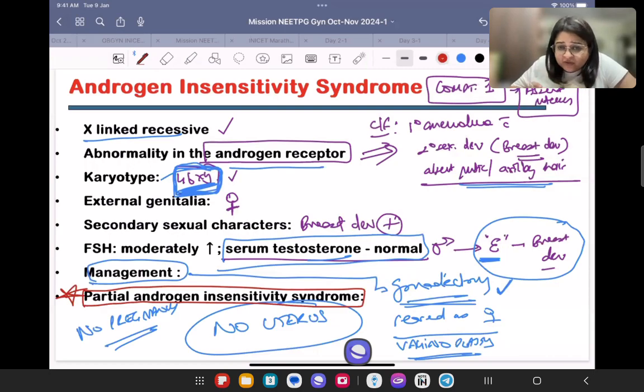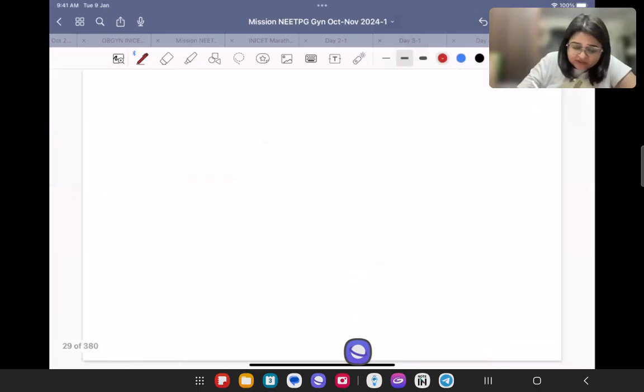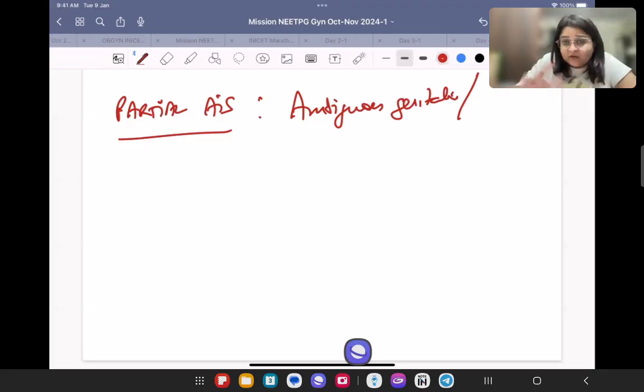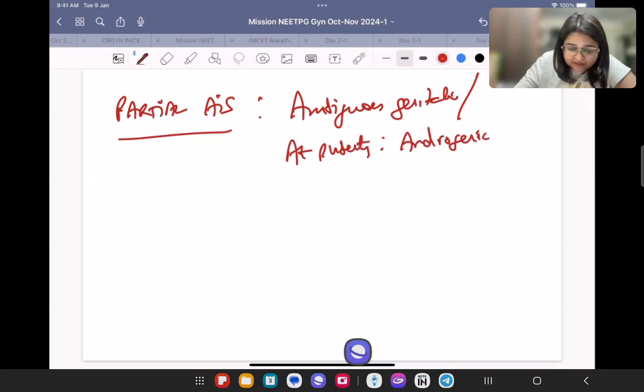Okay, so they are going to present somewhat midway, and partial AIS usually presents either they are born with ambiguous genitalia, or depending on the amount of receptor sensitivity, at puberty androgenic features start developing, but not to a large extent.